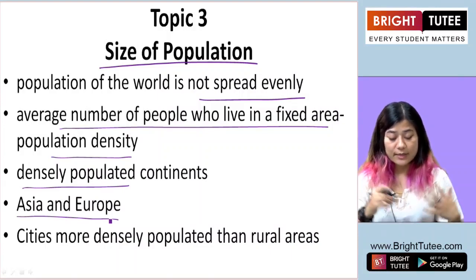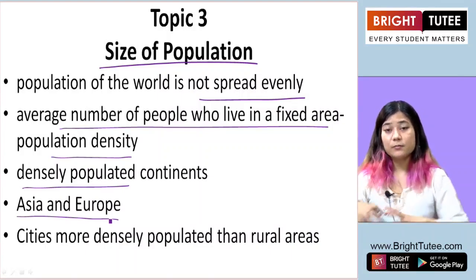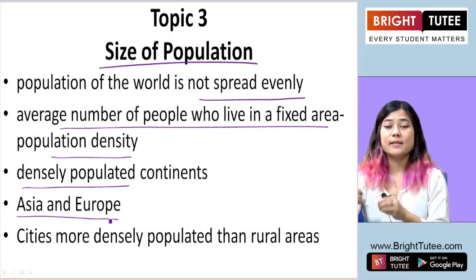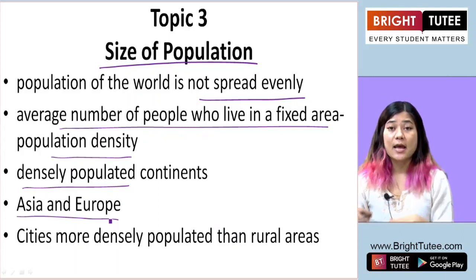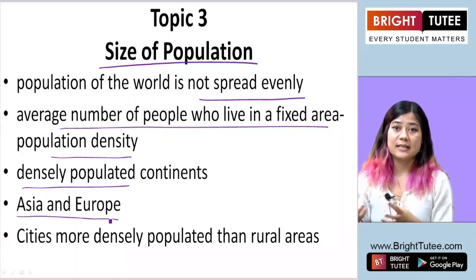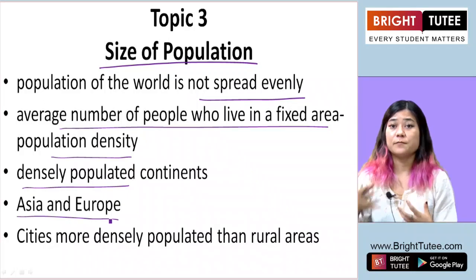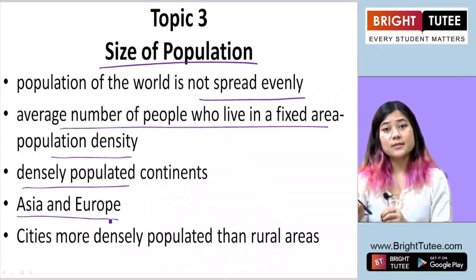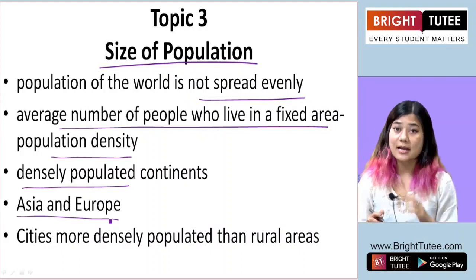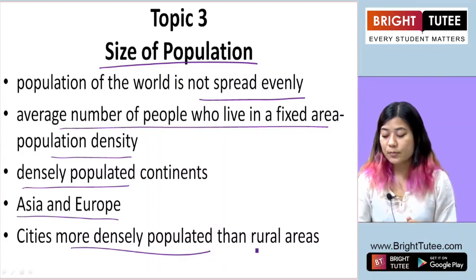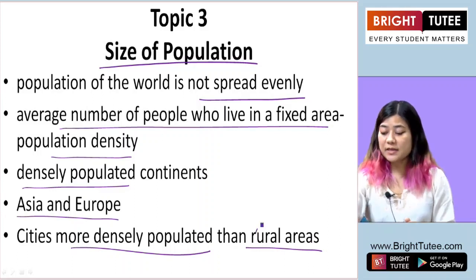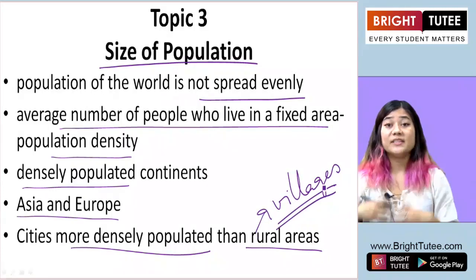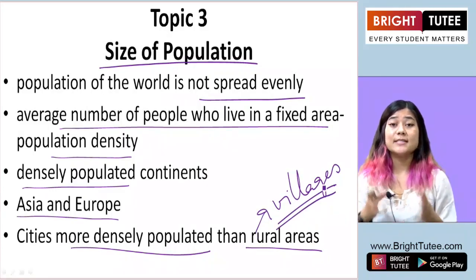Alright. Now, we looked at continents. If we look at one particular country and then within that country look at cities, you'll also be able to see how the size of the population differs from one city to another, one place to another. We can see that cities are usually more densely populated than rural areas, meaning the villages are sparsely populated. The cities and towns are densely populated.